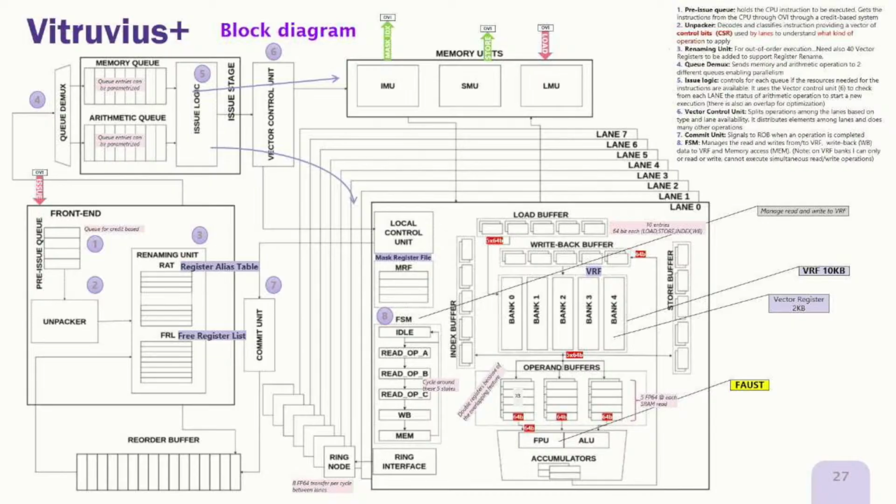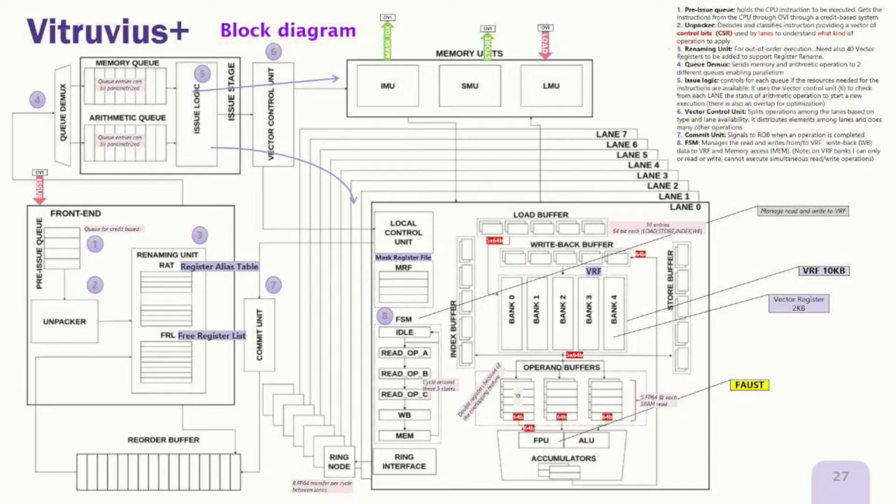These banks are RAMs where the vector registers are stored. There are some buffers. These are the computation units. These are the interface towards the memory to retrieve the data from memory. And this is the part where you take the instruction and send the instruction to the lanes.